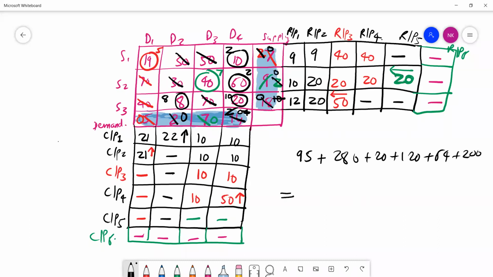Just do the sum of all these things. It's 200 plus 280 and 20, so 300. So 500, 620, 715 and 64. So it's 779. So this is what your cost value is.